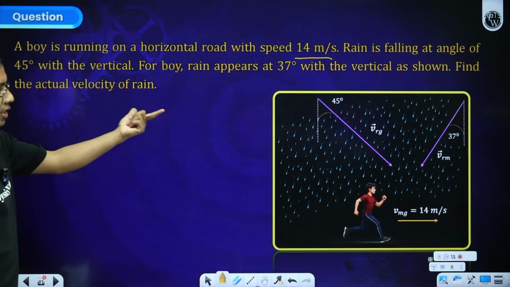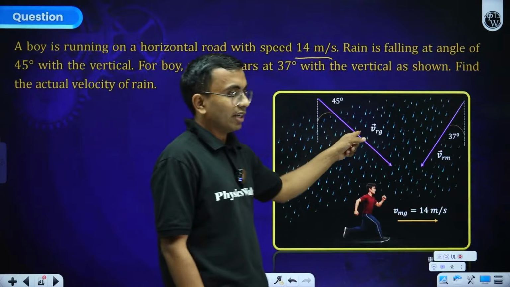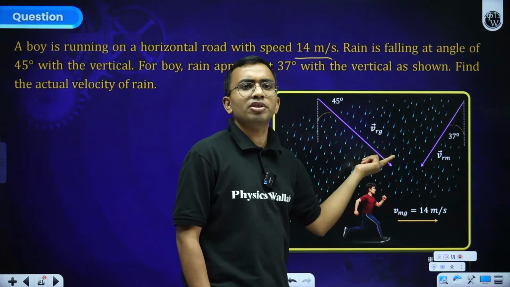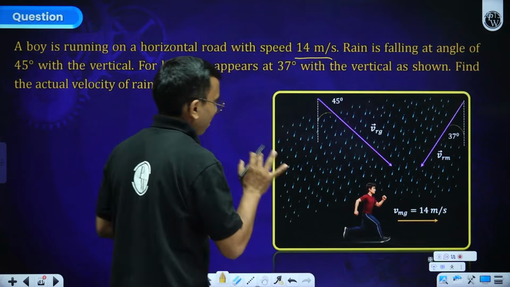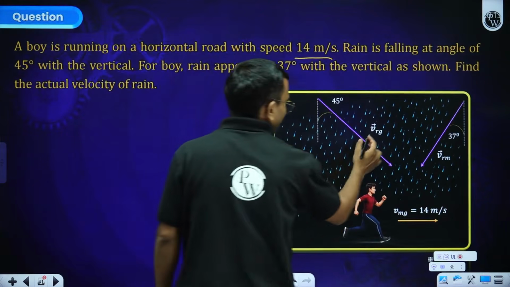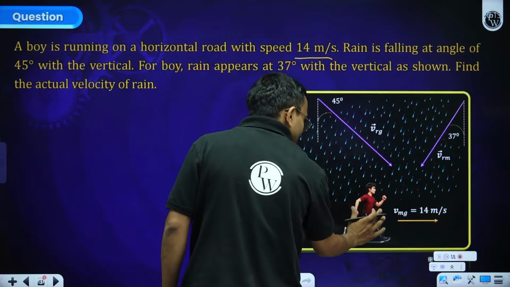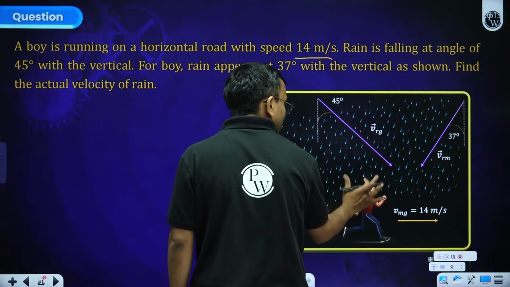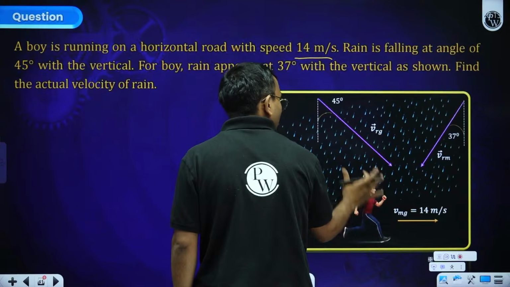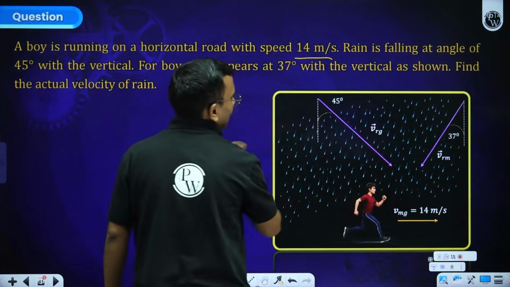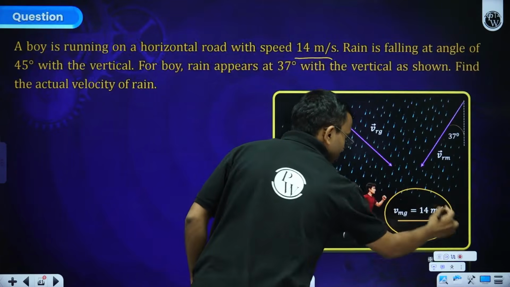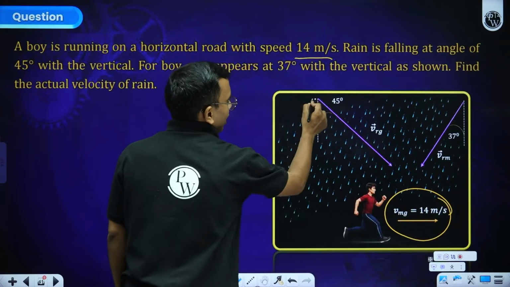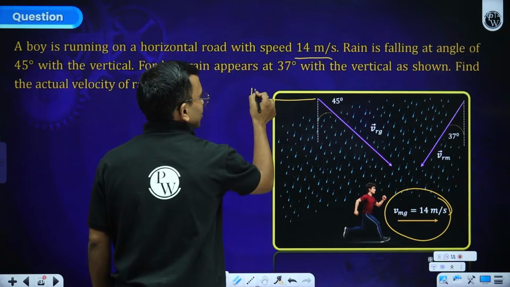Now what we basically need is the actual velocity of the rain, that is, velocity of rain with respect to ground. So this is the velocity of rain. The velocity of rain with respect to man will be velocity of rain minus velocity of man. Velocity of man is 14 meters per second towards the right, so minus of this means opposite.